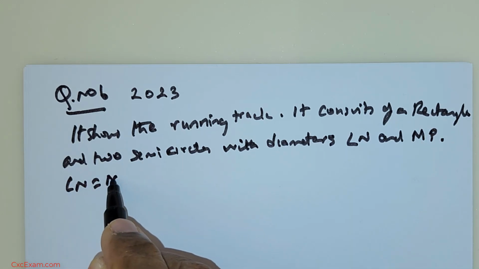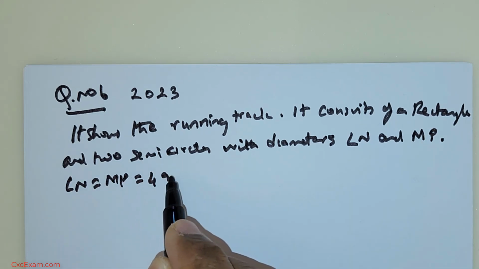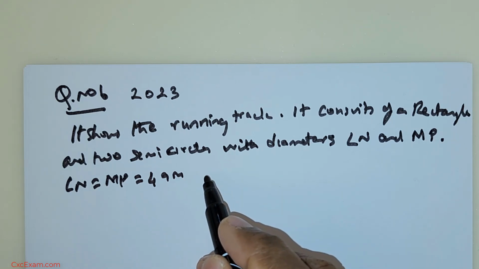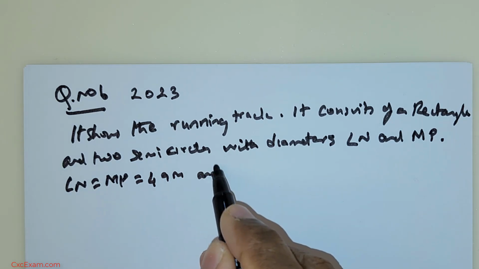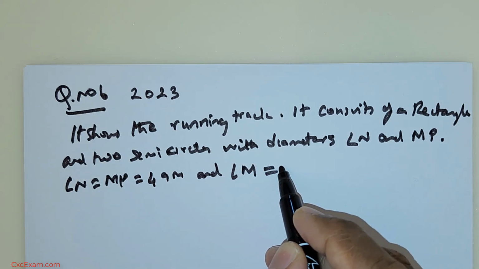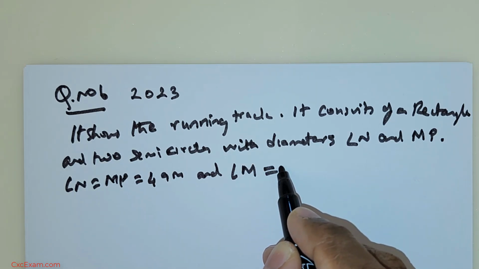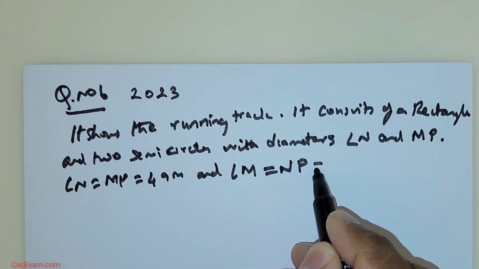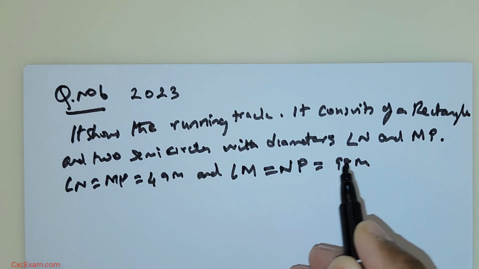It's also given LN is equal to MP is equal to 49 meters, and there is also another data which is LM is equal to NP is equal to 98 meters.